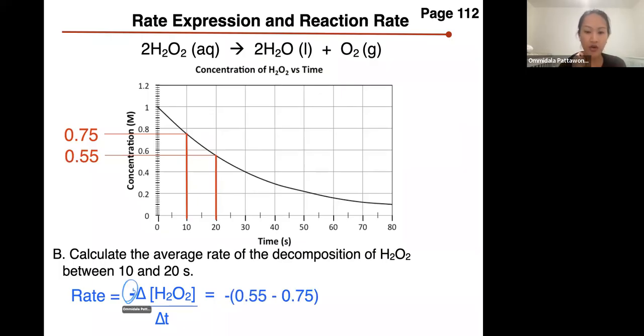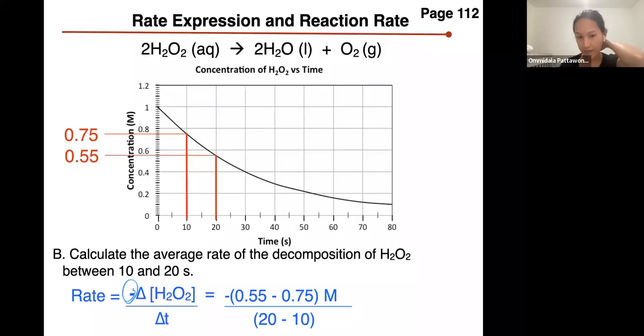So it's going to be final, 0.55, minus the initial, and then you are going to divide that by the final time minus the initial time that we are looking at. The time in this case is given in seconds, so the rate unit would come out to be molar per second, because the concentration given is in molar.